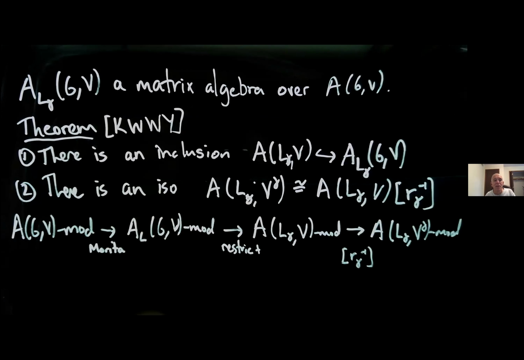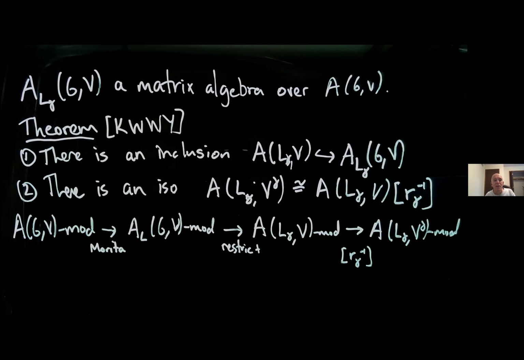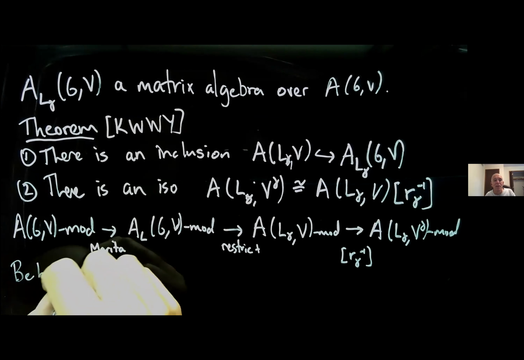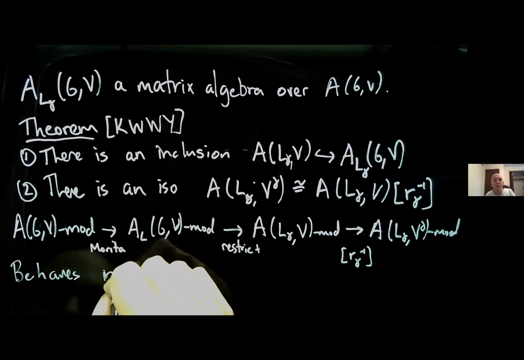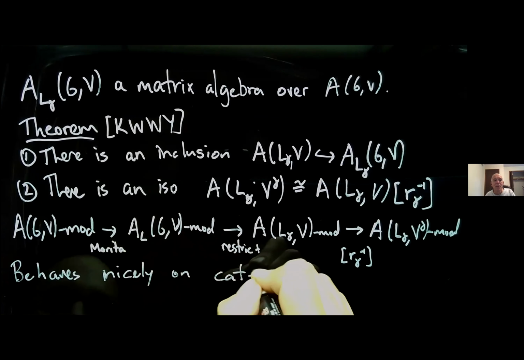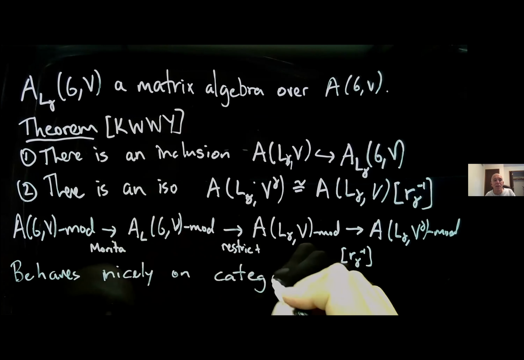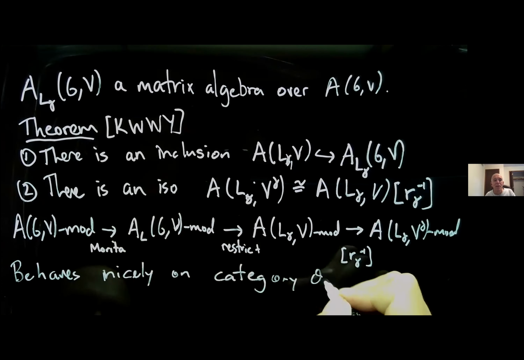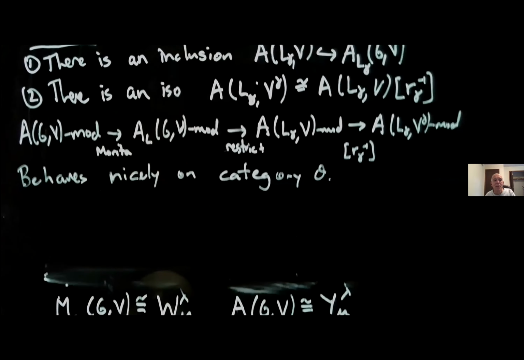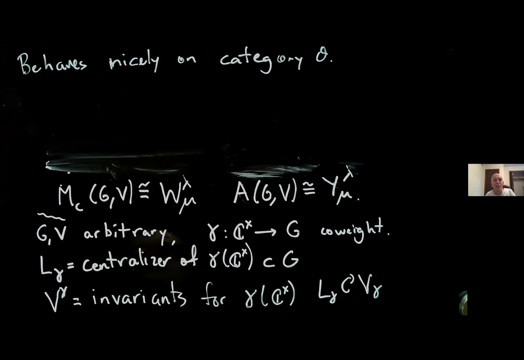And overall, this defines a functor. And this functor actually does have very good properties on category O. So for any G and B.